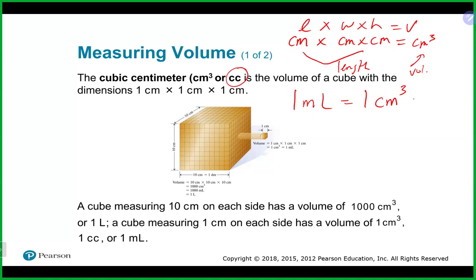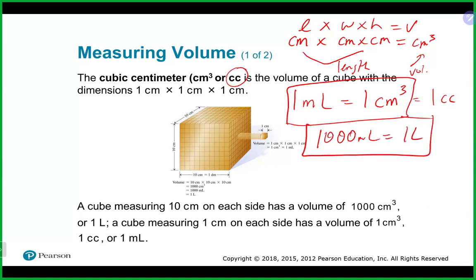Occasionally in medicine you see it written as a cc, which is still a cubic centimeter. This relationship, along with 1,000 milliliters is 1 liter, are two really important volume equalities that we come across a lot in chemistry.